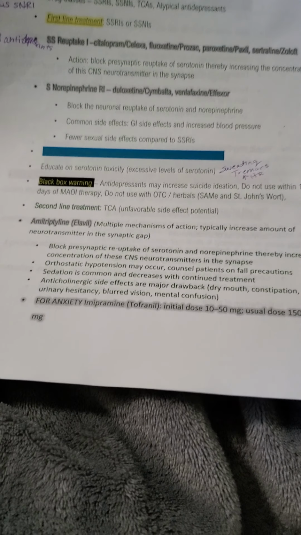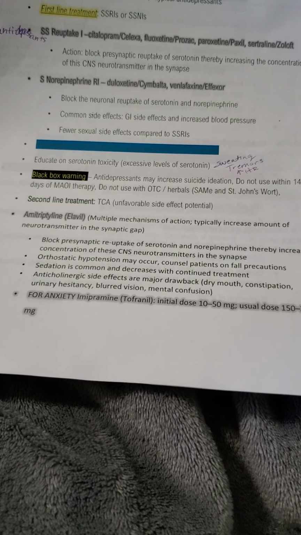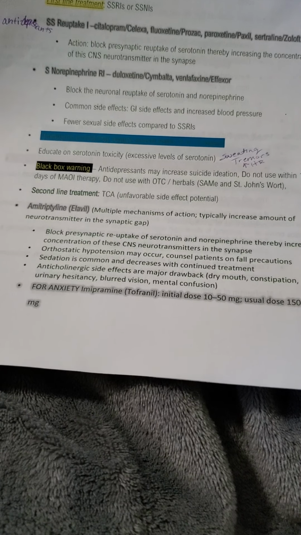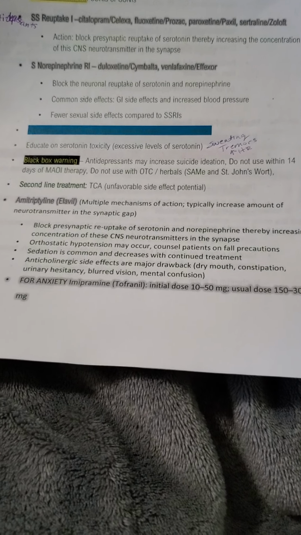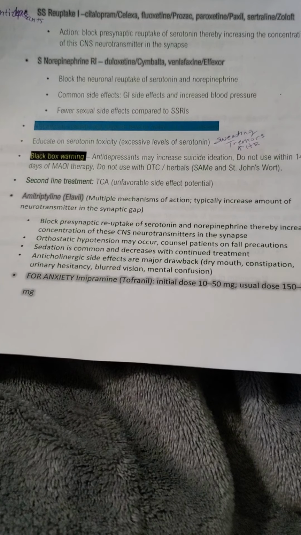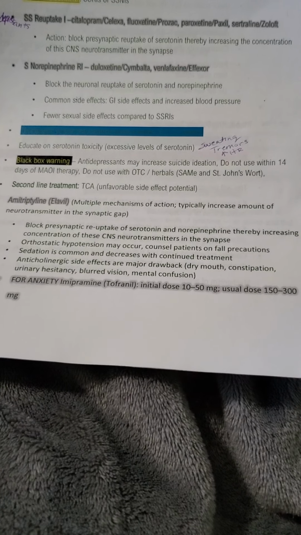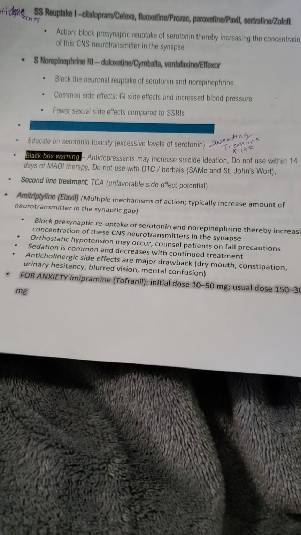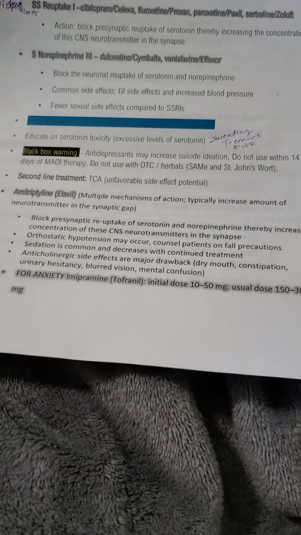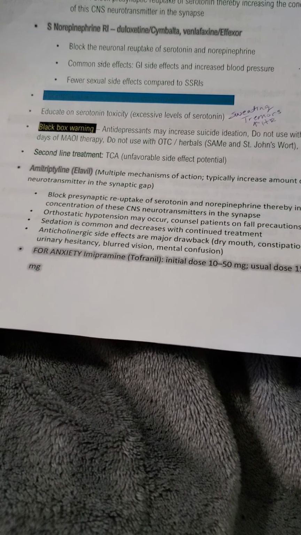Amitriptyline: they typically increase the amount of the neurotransmitters within the synaptic gap. They block the presynaptic reuptake of serotonin and norepinephrine, thereby increasing the concentration of these CNS neurotransmitters in the synapses. Once again, orthostatic hypotension may occur.